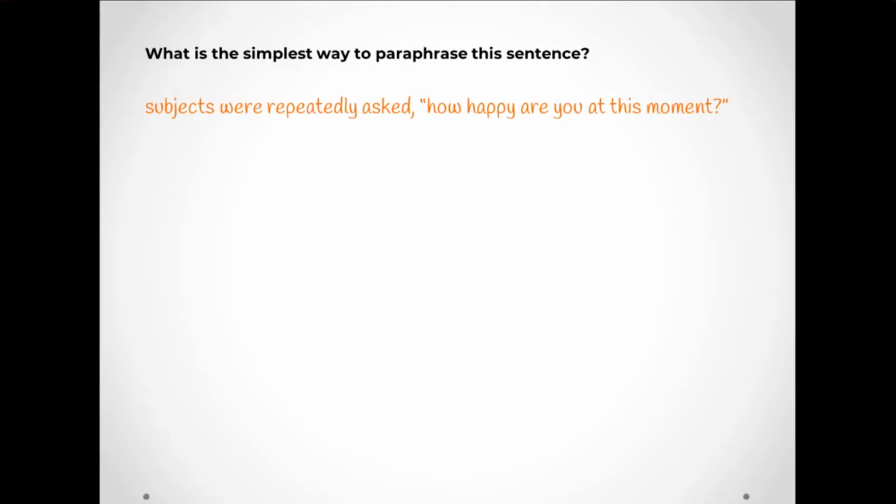May I? Yes, please. Maybe the idea would be: subjects were repeatedly asked about the level of happiness at the moment. That's good. The level of happiness. Now, when you read, how happy are you at this moment?